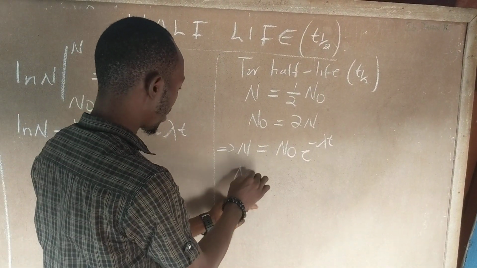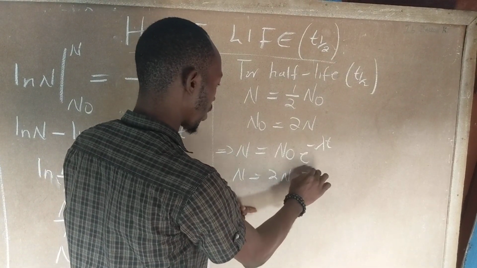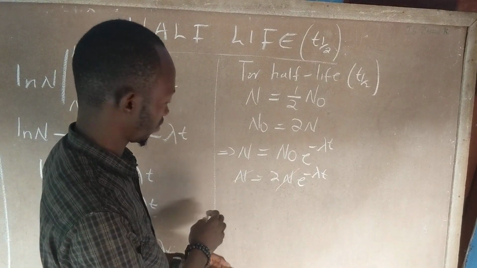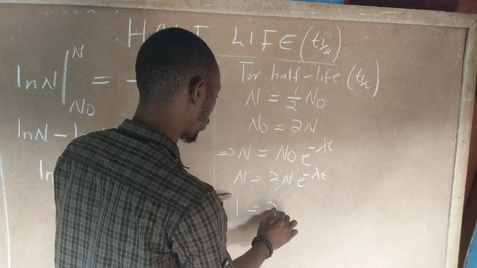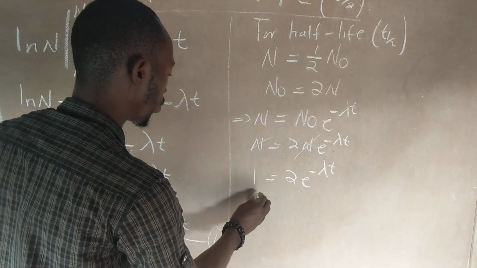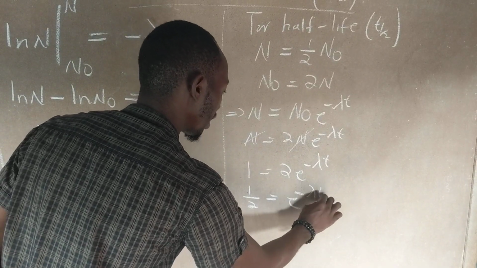Now, we have N equals, what is N0? It is 2N, e raised to minus lambda T. We can see N cancels N. So we have 1 equals 2 e raised to minus lambda T. So divide both sides by 2, we have 1 over 2 equals e raised to minus lambda T.